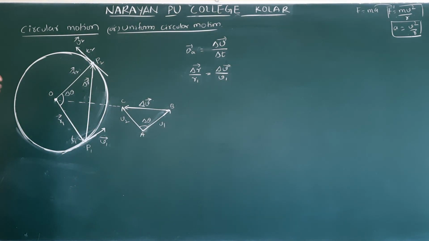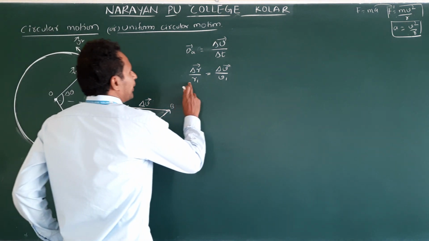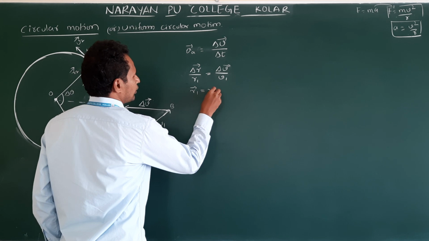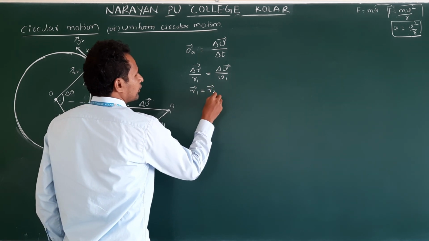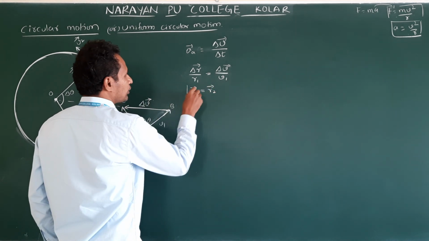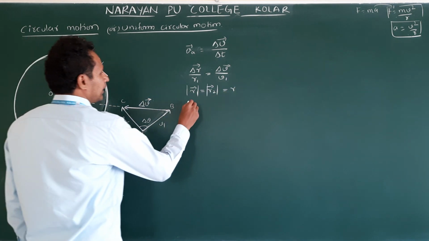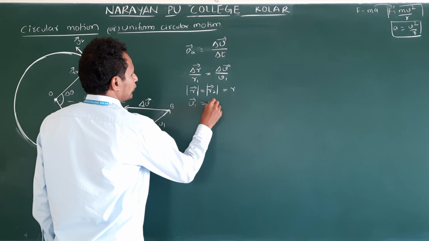If the magnitudes of the position vectors are the same, we write R, and V1 is equal to V2.